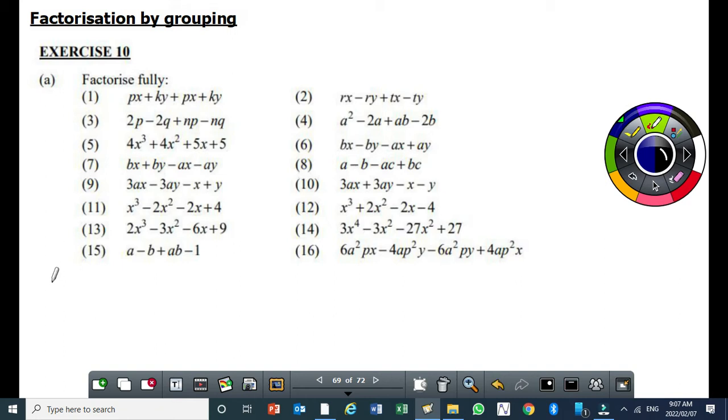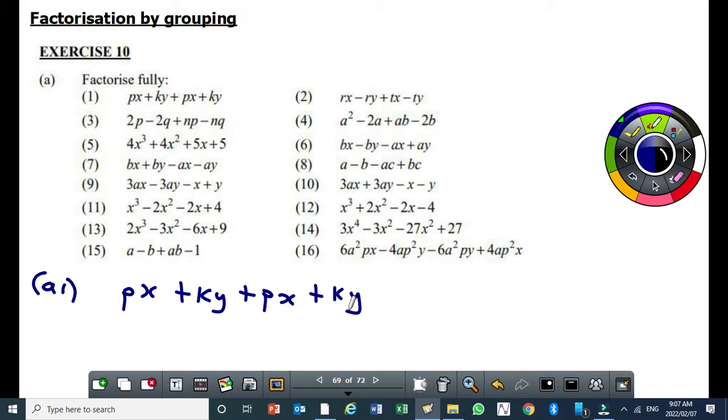So let's start with A1. You have px plus ky plus px plus ky. Right? Now, this one here, if you want to factorize it, you must look at your terms, starting with the first two. Do they have a common factor? There is no common factor.